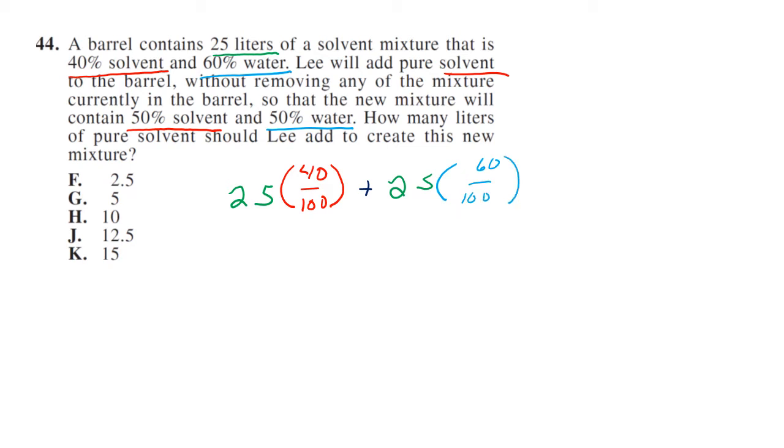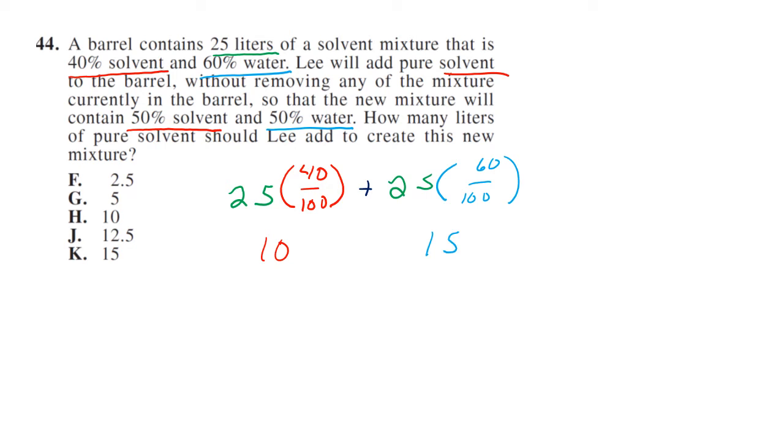I like to do them as fractions. That way, if you had something that was 2%, say, you don't accidentally write 0.2 because that's 20%. So I like to do these as fractions so you don't make mistakes. So, okay, 25 times 0.4 is 10, and 25 times 0.6 is 15.